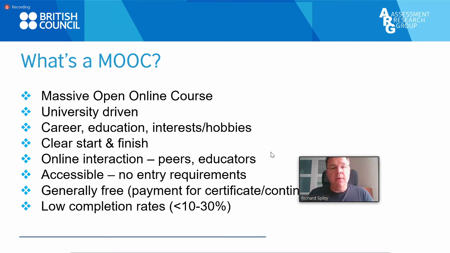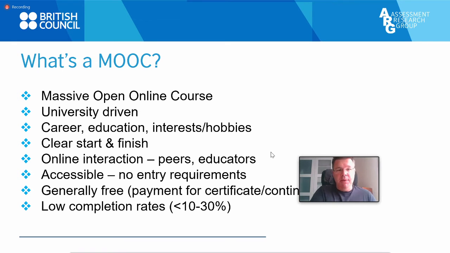Unlike the other language assessment literacy resources I've shown you, there's a start and a finish date. So it is an actual course, and you do have interactions through kind of blogs and comments with both your peers, other learners, and through educators, for example, myself. Anybody can join, so there's no entry requirements.